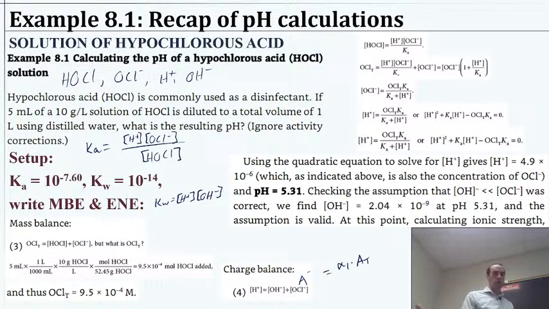That corresponds to OH minus of 2.04 times 10 to the minus 9. This H plus is also equal to the concentration of OCl minus.